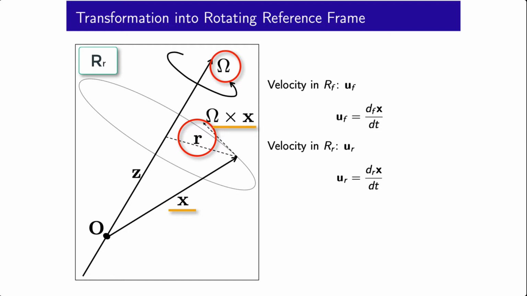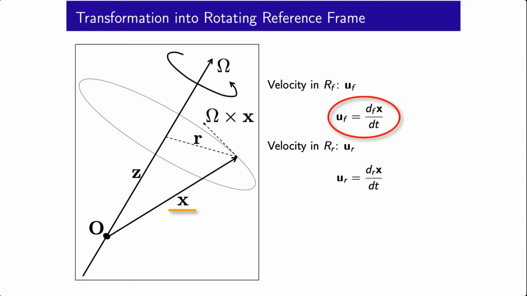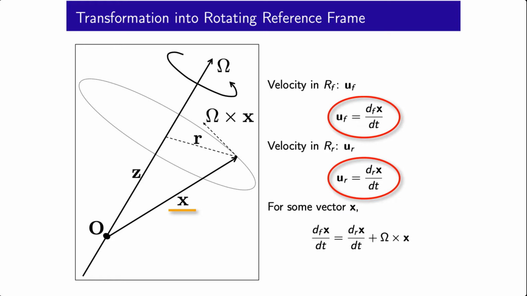For a vector x, this becomes two velocities, the rate of change of x in the fixed frame, uf, and the rotating frame, ur, so that for any vector x, the transform between the fixed and rotating frames is given in terms of this vector cross product, omega cross x, and the rates of change of x in the two reference frames, remembering that one frame is moving relative to the other, so that these velocities cannot be identically zero simultaneously, except in the case of the null solution, where omega or x are zero.